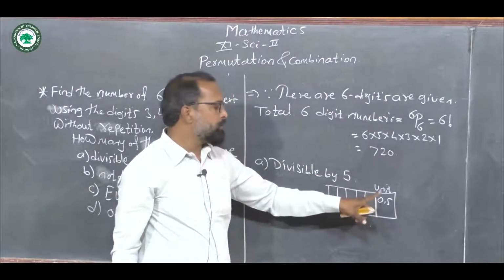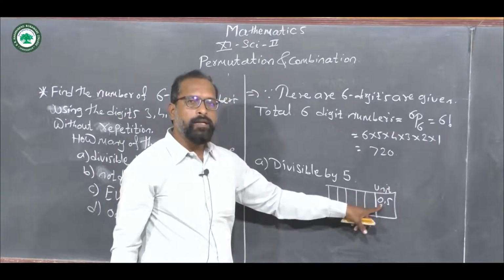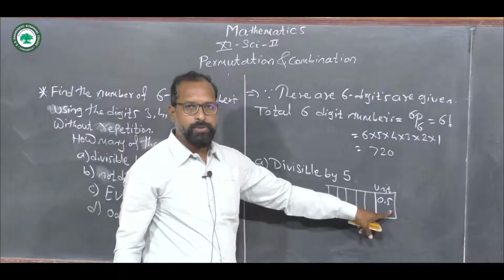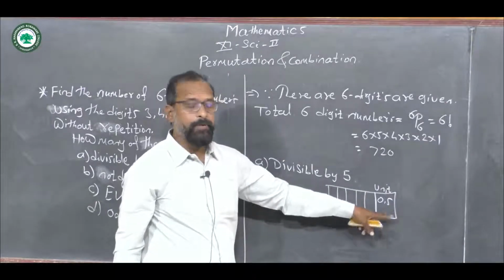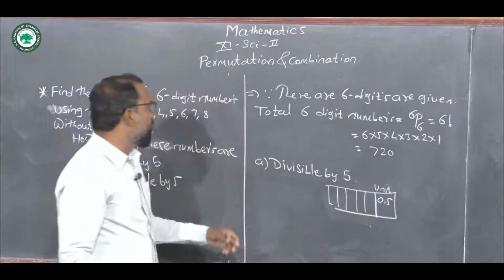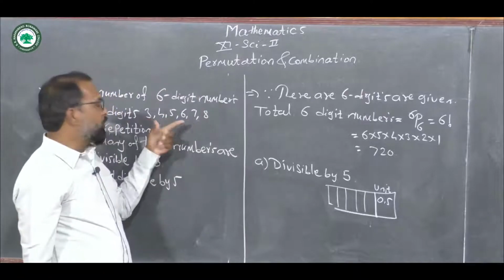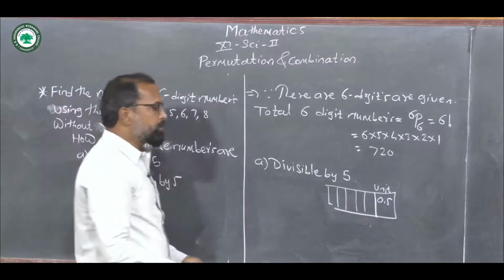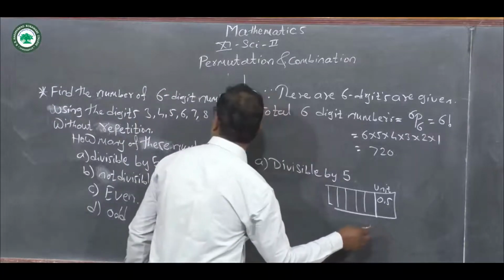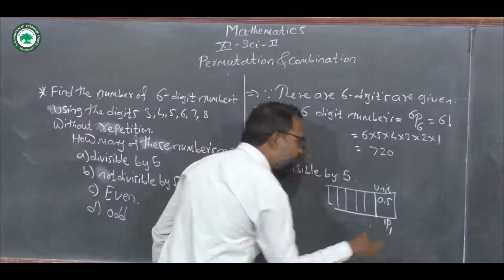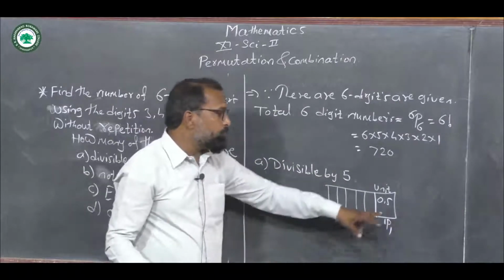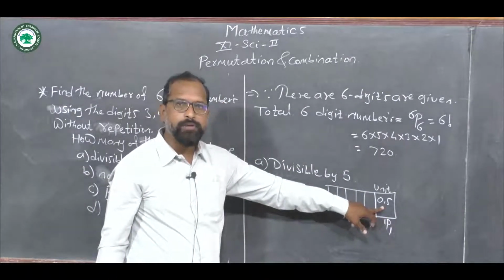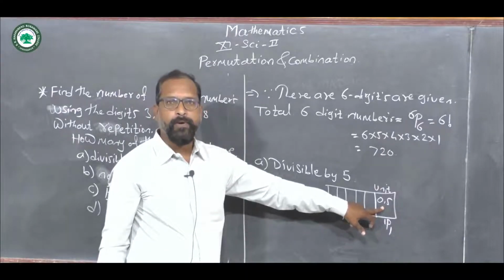Since the unit place must contain either 0 or 5 so that it will be divisible by 5, and from the given digits only 5 is given, 0 is not given, this unit place can be filled in 1P1 ways, because only 5 can be used at the unit place.